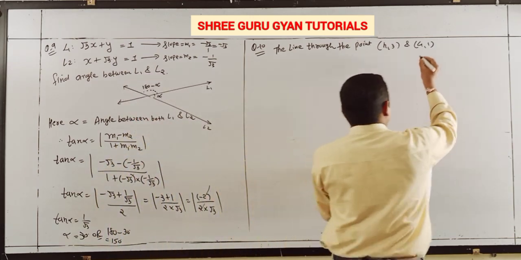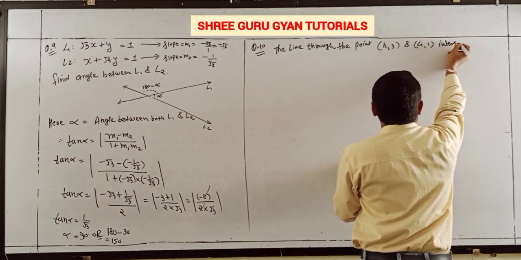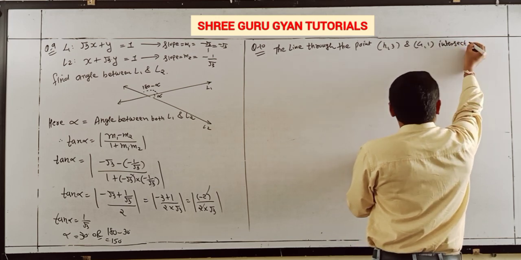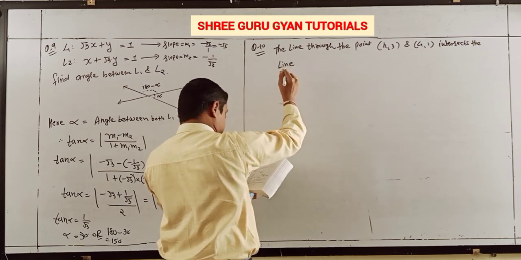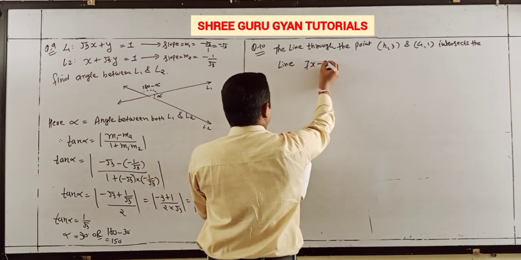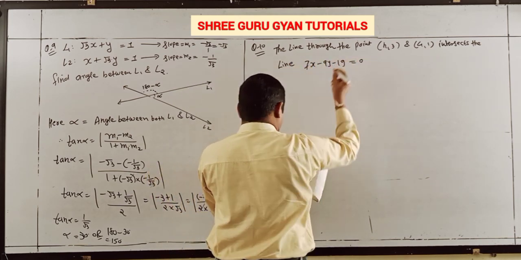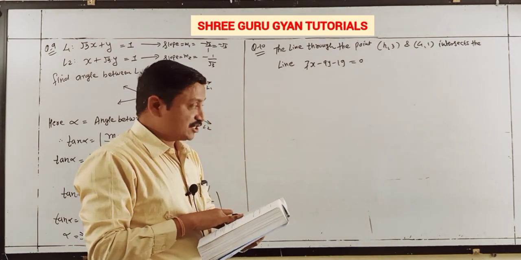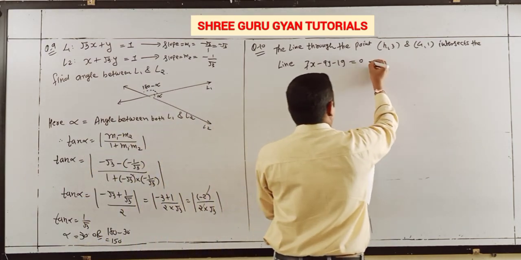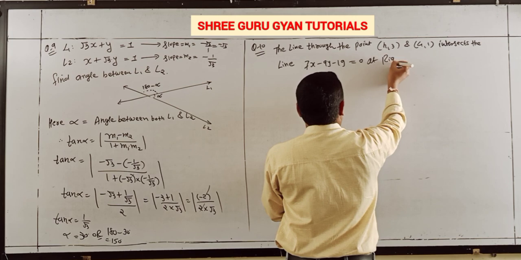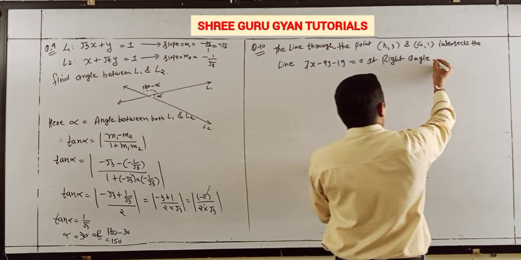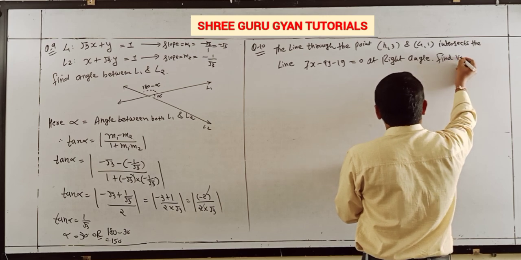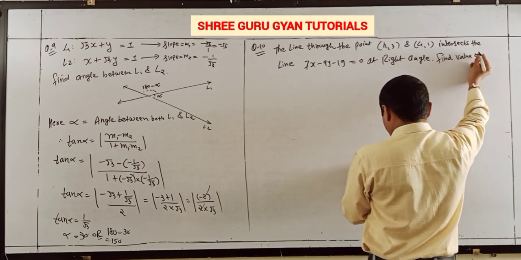Continue, intersects the second line given, 7x minus 9y minus 19 is equal to 0, at right angle, and find the value of h, simply asking that.